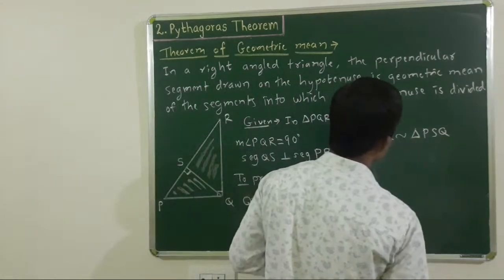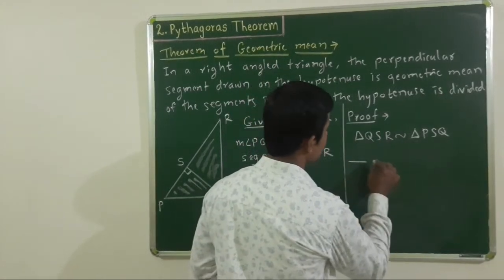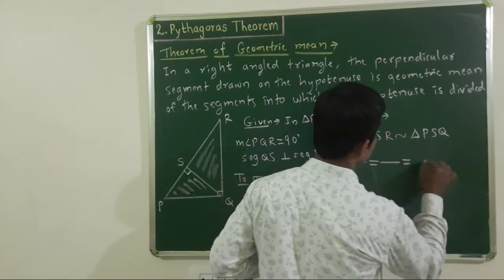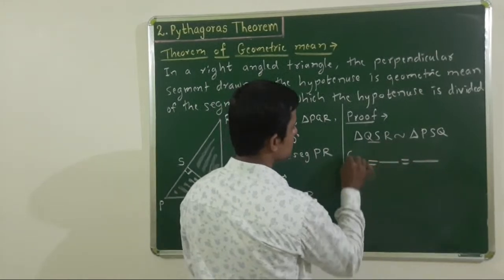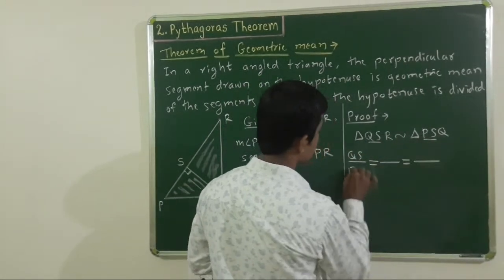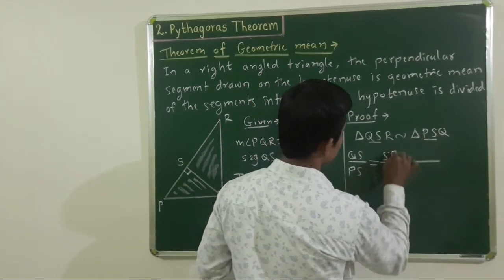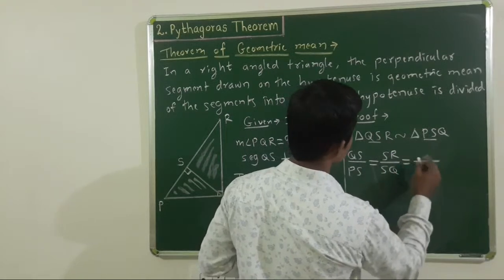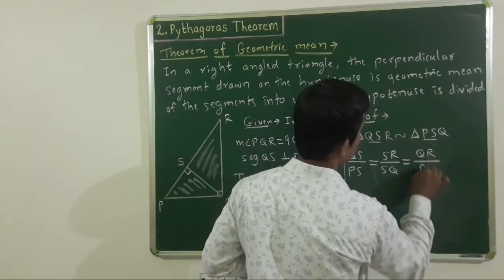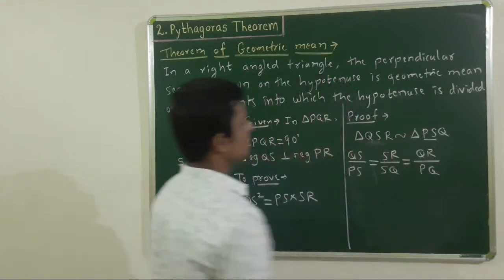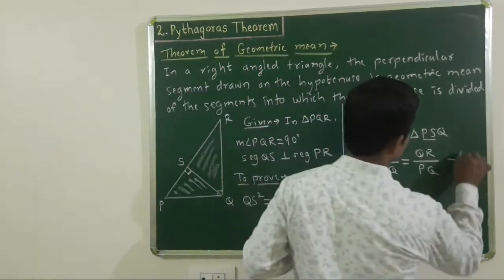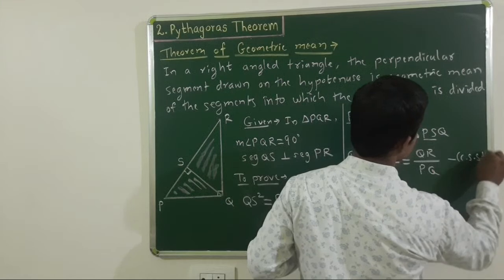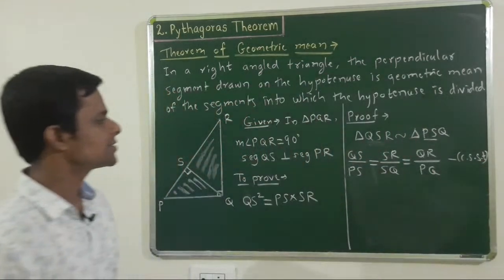Now since these two triangles are similar, therefore their corresponding sides are in proportion. That is QS upon PS is equal to SR upon SQ is equal to QR upon PQ. Reason will be CSST, that is corresponding sides of similar triangles.